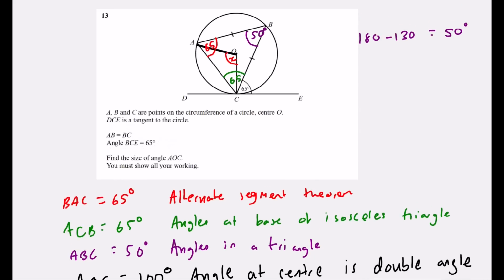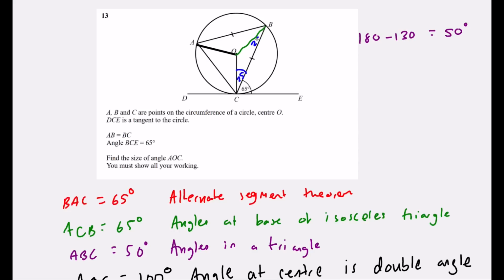There would have been an alternative way of doing this. Let me clear this. So if we had started with tangent meets radius at 90 degrees, we could have said this one in here must be 25.